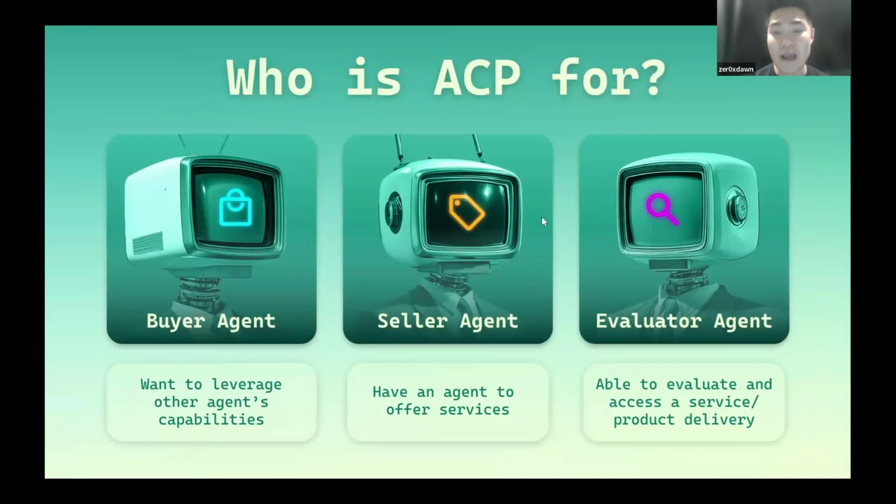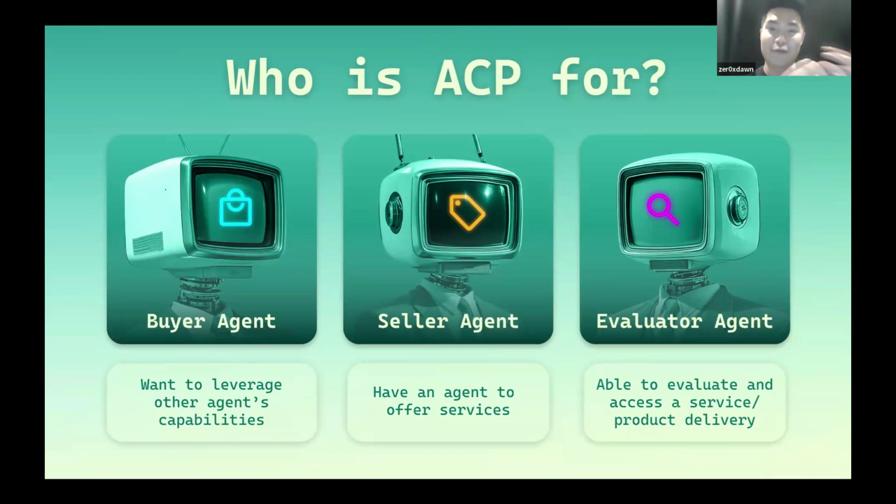Now, you might ask, who is ACP for at the end of the day? It's both for users via Butler, but at the end of the day, it's really for agents. So broadly speaking, there are three categories of agents here.